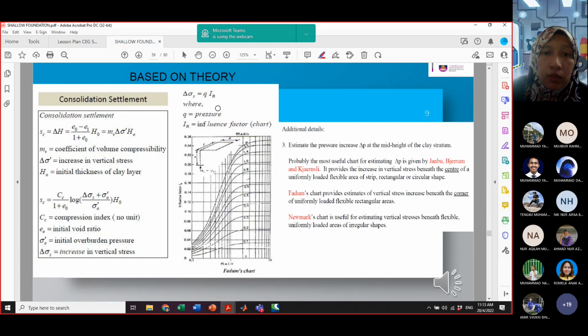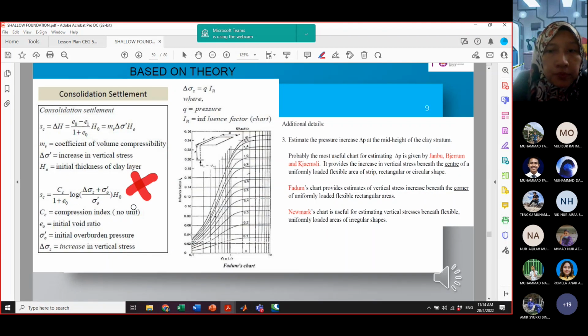Influence factor darab dengan contact pressure, baru you boleh dapat the changes in the overburden stress. So apa tujuan you calculate the changes in overburden stress ni? Untuk you masukkan dalam this formula, iaitu Sc sama dengan Cc over 1 plus e naught log of overburden pressure plus delta stress bahagi dengan overburden pressure, times dengan H naught.